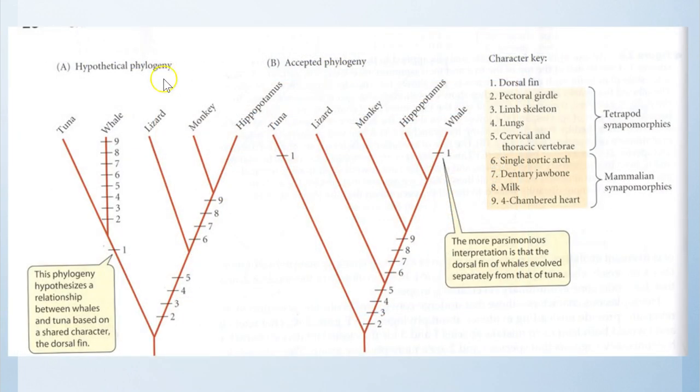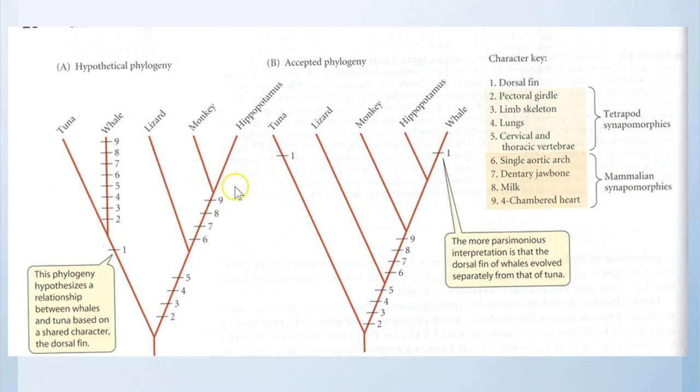And this is what I mean, right? So let's say that you have 9 traits. In this case, whales have 2 through 9, whereas tuna and whales share 1. If you make tuna and whale related because they both live in the ocean, then you also have to have 2 through 9 to address the fact that lizards, monkeys, and hippopotamuses have those too, right?